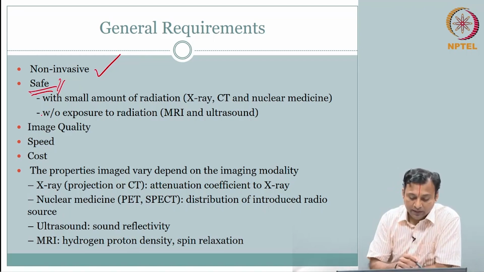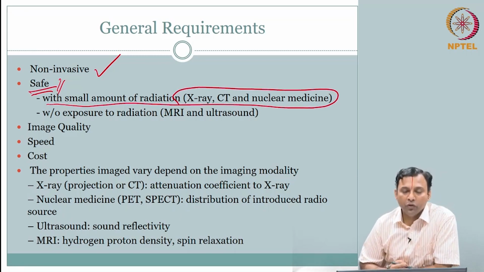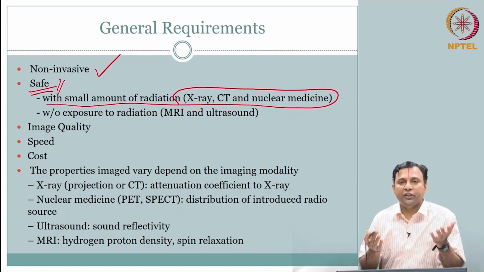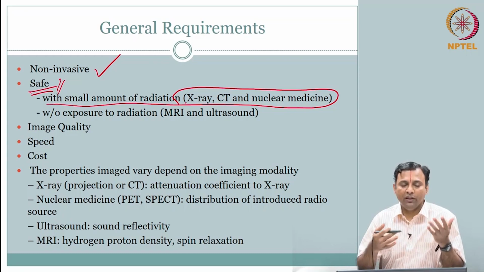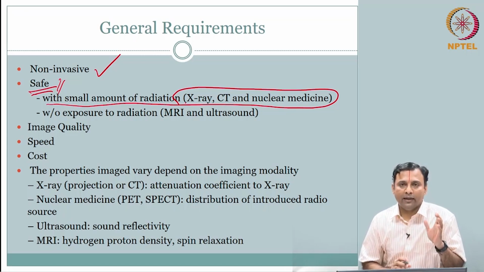Okay. So, in that sense, these are all routinely used, right? X-ray, CT, nuclear medicine are routinely used. So, there is a safety issue with radiation, right? Ionizing radiation, we'll go into the details. But the idea being, it is a cost versus benefit ratio. It is practiced at a level that is as low as possible, so that you can get the information.